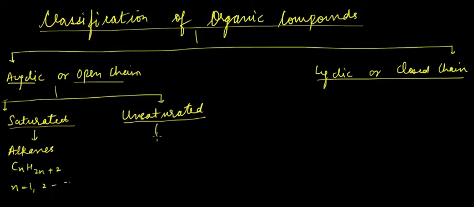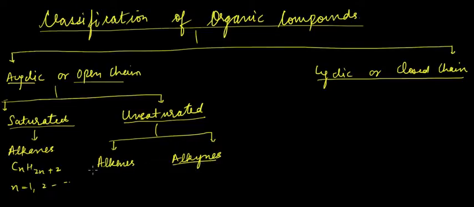And for unsaturated, again these can be classified into two subcategories, namely alkenes and alkynes. Okay. So for alkenes the general formula is CnH2n, where n varies from 2. And why does it happen?